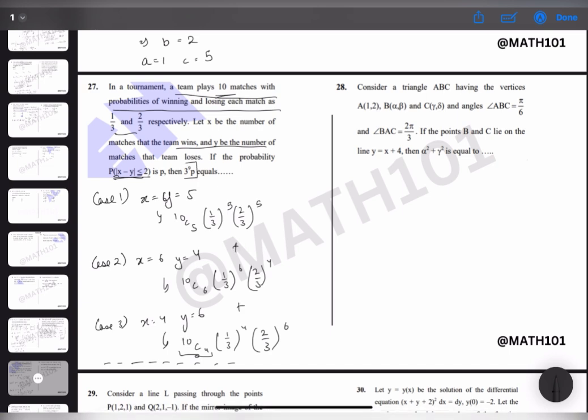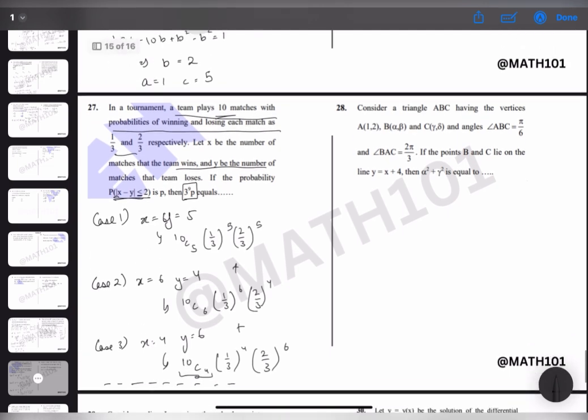We have multiplied 3 to the power of 9, so this becomes 3 to the power of 9 into 10C5, 2 to the power of 5 upon 3 to the power of 10, plus 10C6, 2 to the power of 4 upon 3 to the power of 10, plus 10C4, 2 to the power of 6 upon 3 to the power of 10, which equals... So 10C5 is 10 into 9 into 8 into 7 into 6 upon 120.